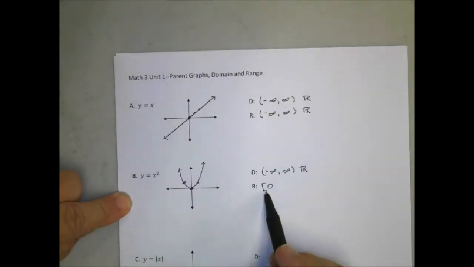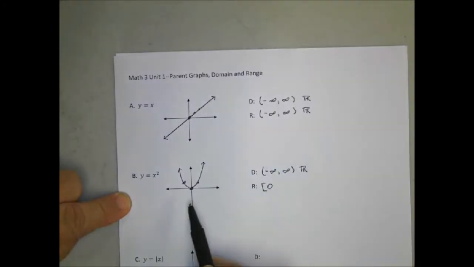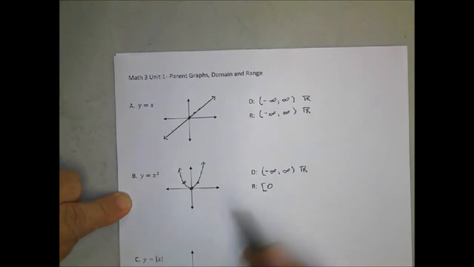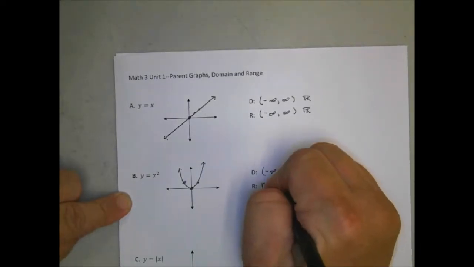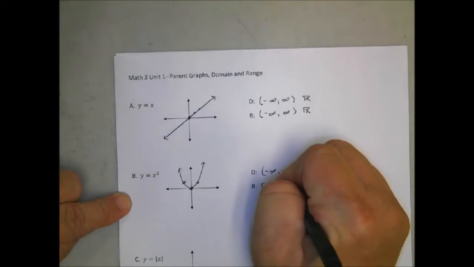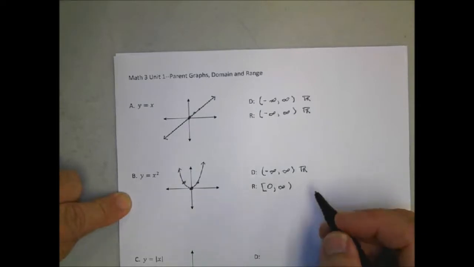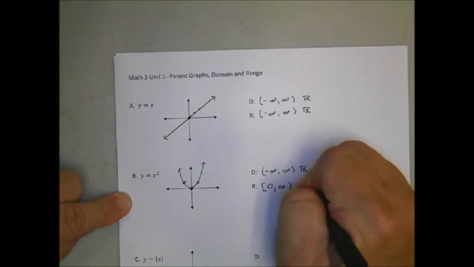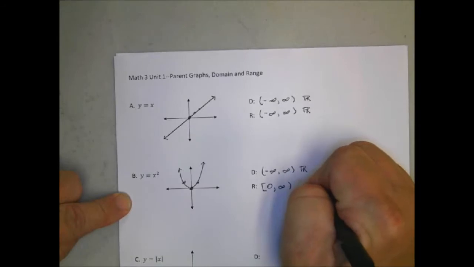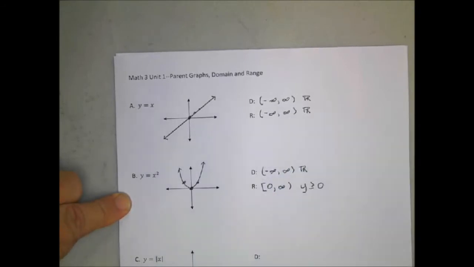Now the purpose of that bracket right there is to say this graph really does touch 0. But on the high side, it goes up forever and ever and ever to infinity. And so another way of writing that would be the range is all y values greater than or equal to 0.